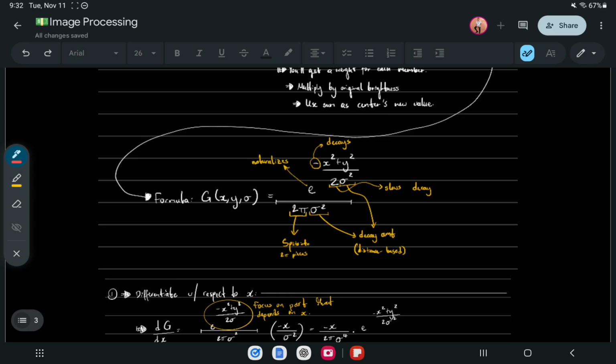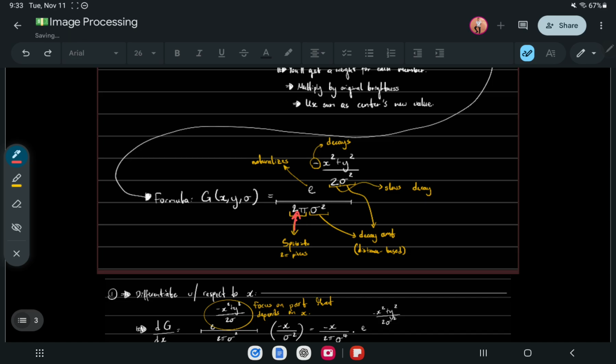If we used some normal integer like 2 or 10, the decay would be kind of harsh, spiky, not as natural or smooth.